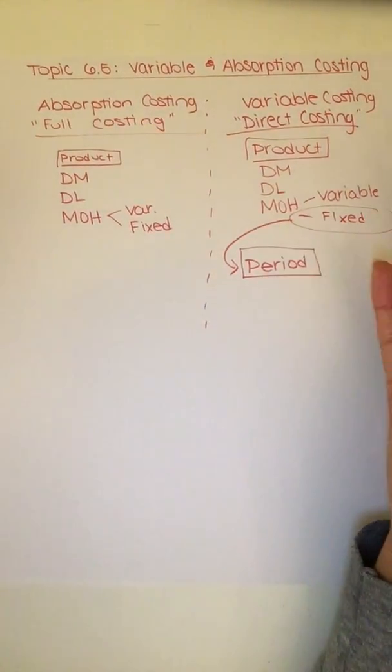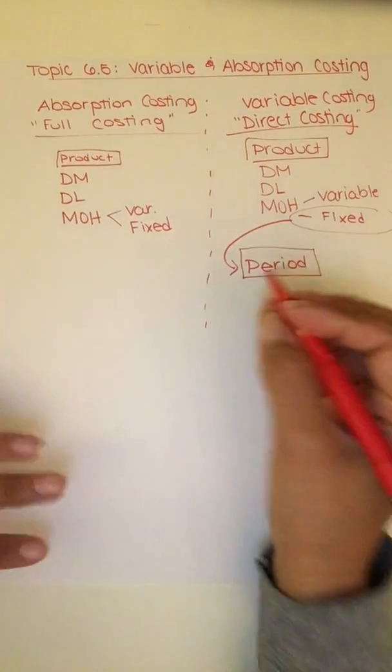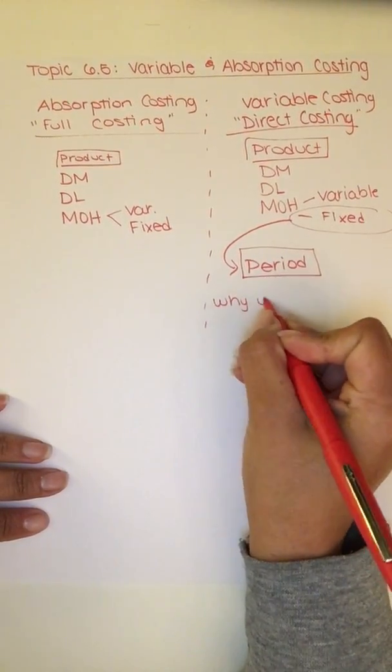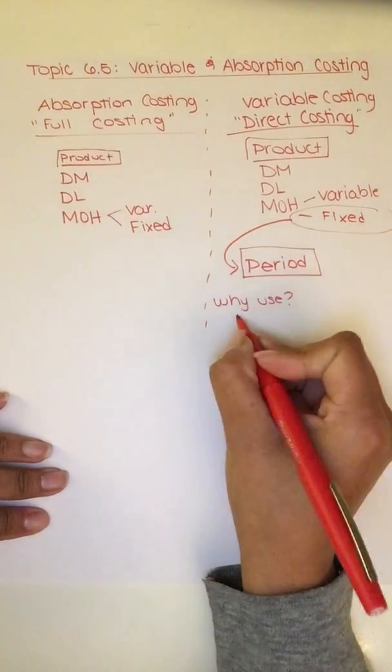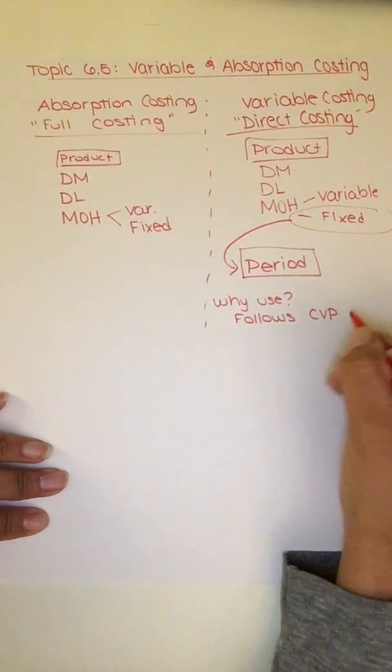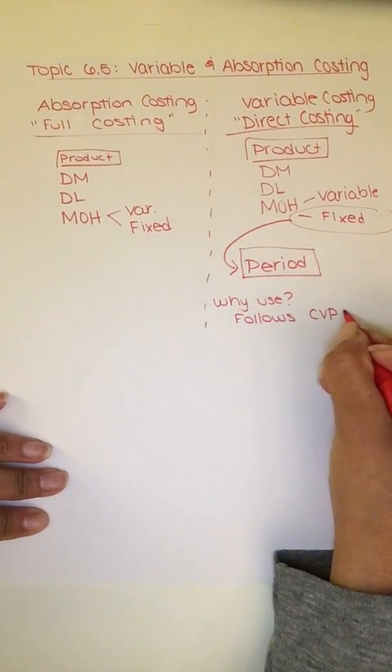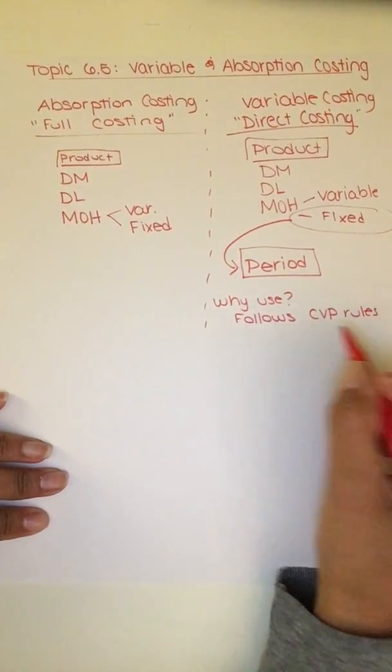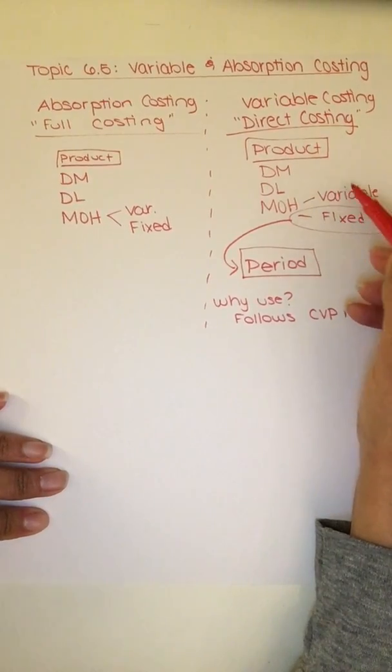Why would a company use that? You'll read in the chapter there are several advantages to using it. So why would a company use it? It follows CVP rules, where we take all of our costs and separate them by behavior, right?